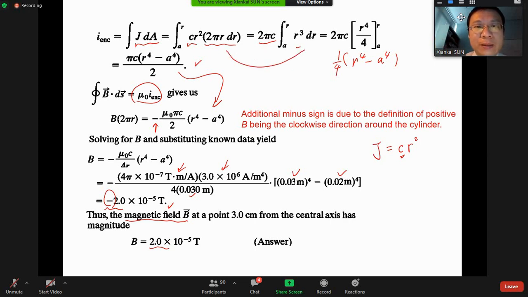You need to put the expression for the current density into the integral and then do the integration from A to R. That's the tricky part, because current density is not uniform, it's not constant. So you have to do the integral along the radial direction. So far so good. Any questions?